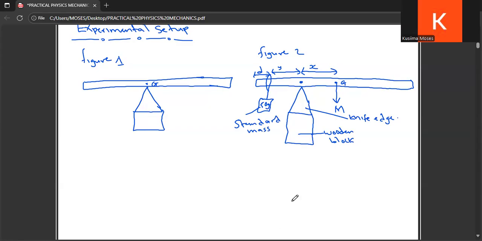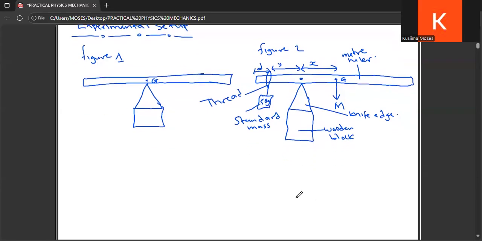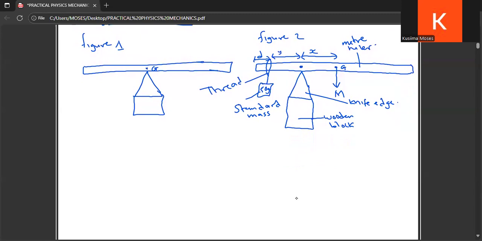Then this one is going to be our meter rule. This is the meter rule, our specimen. This is going to be our thread. Label it very well. Then when everything is done, we shall be moving on to procedures.